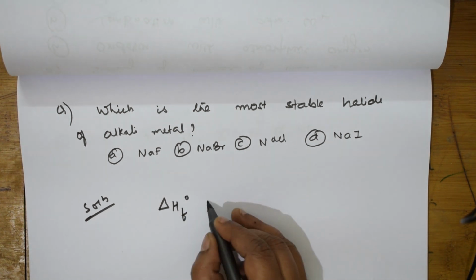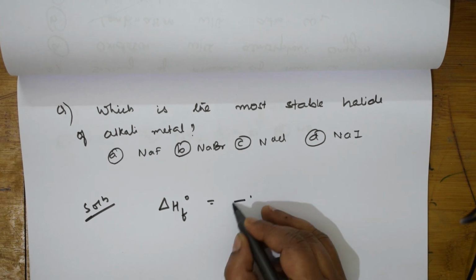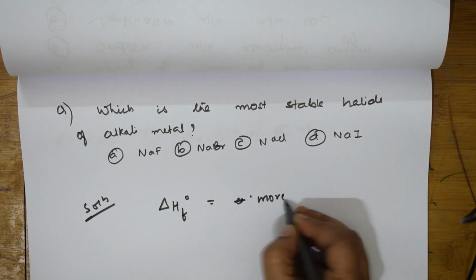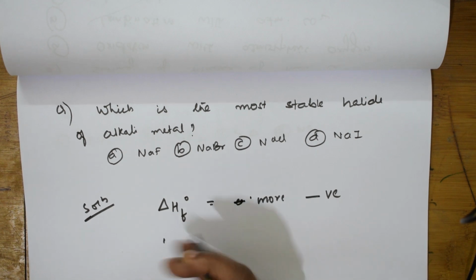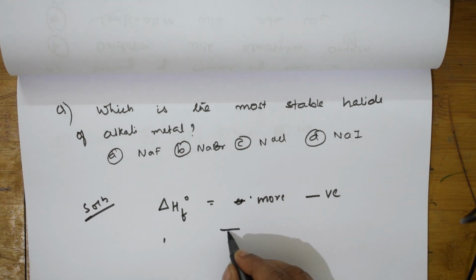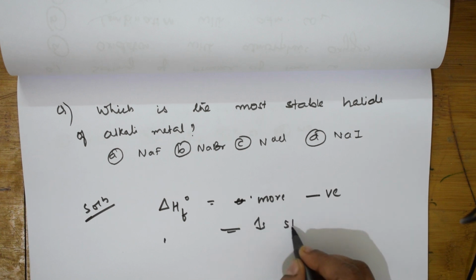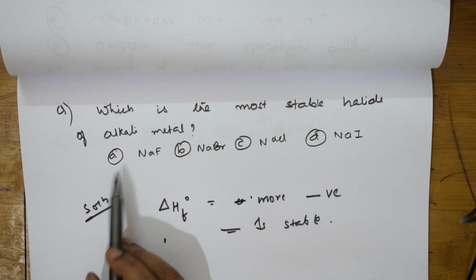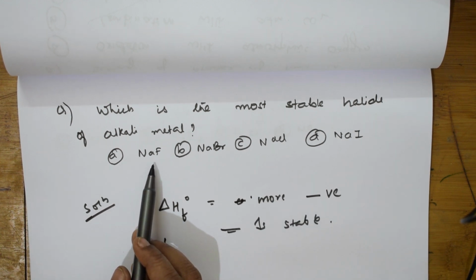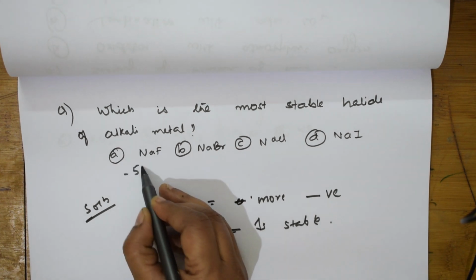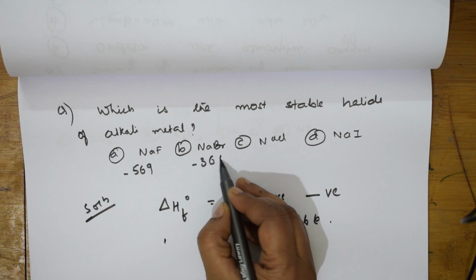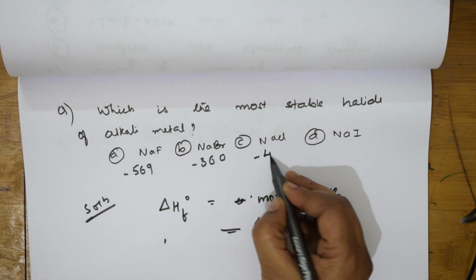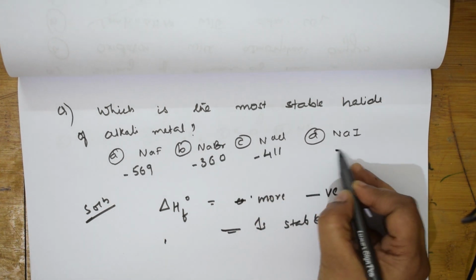Now, if the delta H value is more negative, then the particular halide is stable. Remember this. Now when I speak about the delta H value, for NaF it is minus 569, for NaBr it is minus 360, NaCl is minus 411, here it is minus 258.